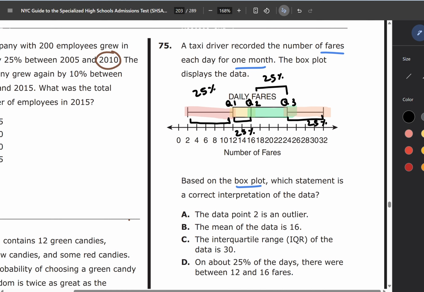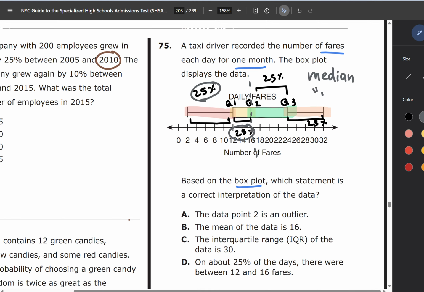It's very interesting, because we have 25% here and 25% here. That means if we have 50% on this side, here falls our median. The median is the number in the middle, in other words, 50% of the way through the data.